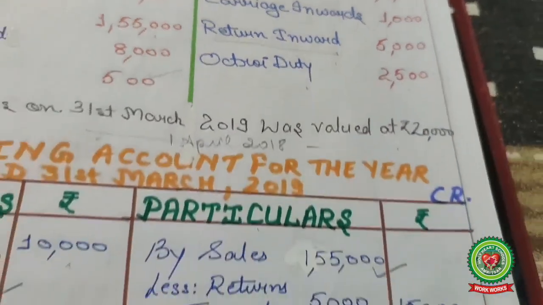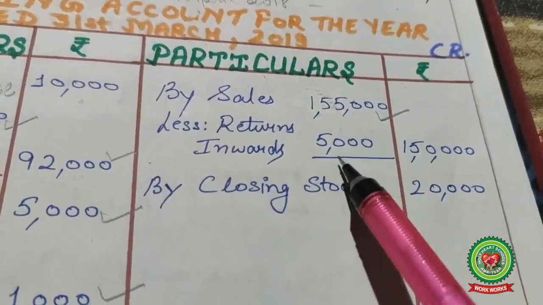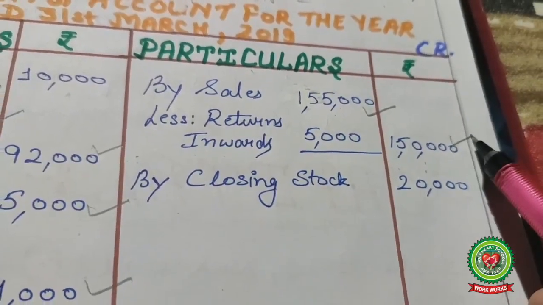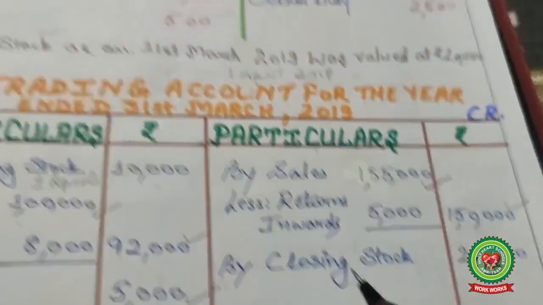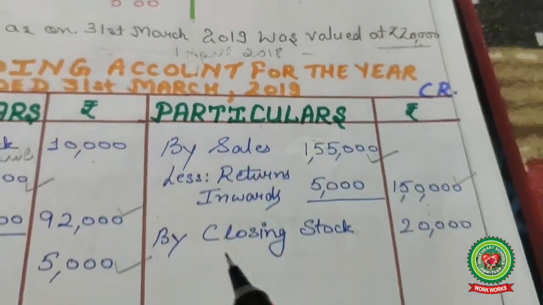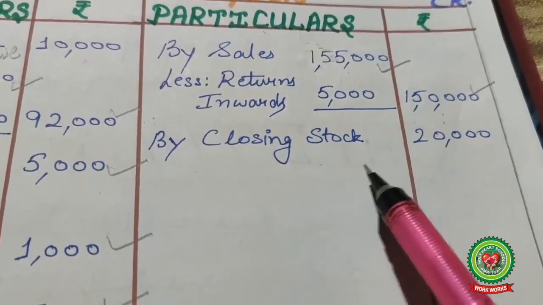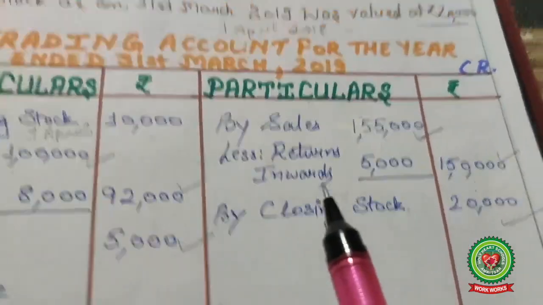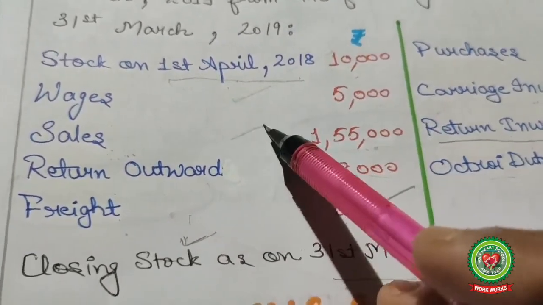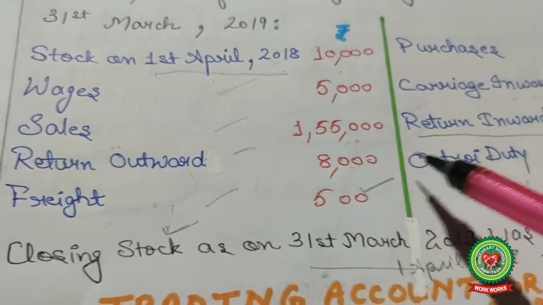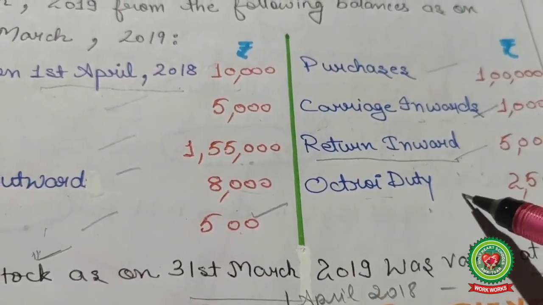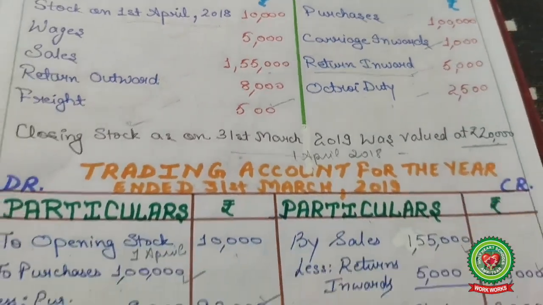So here 5,000. 1,50,000 is your net sales available. After that, closing stock at the end available in the company, 20,000, so write closing stock 20,000. Done all the items. See once to check: opening stock done, wages done, sales done, return outward done, freight done, purchases done, carriage inward done, return inward done, octroi duty done.